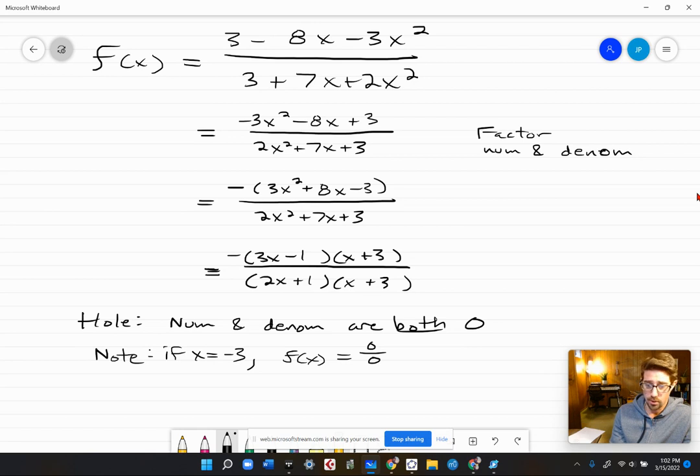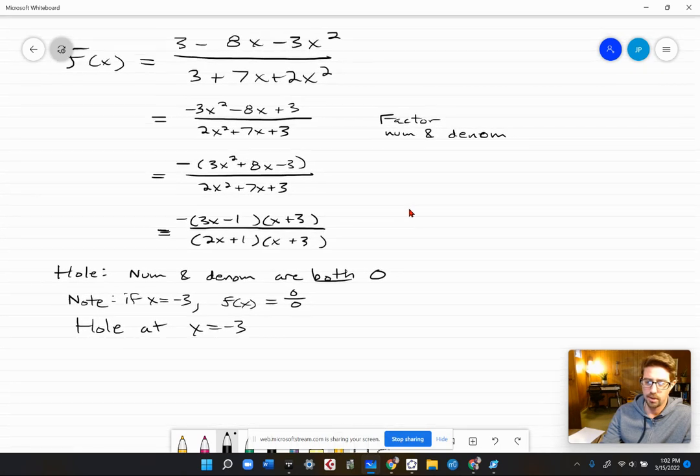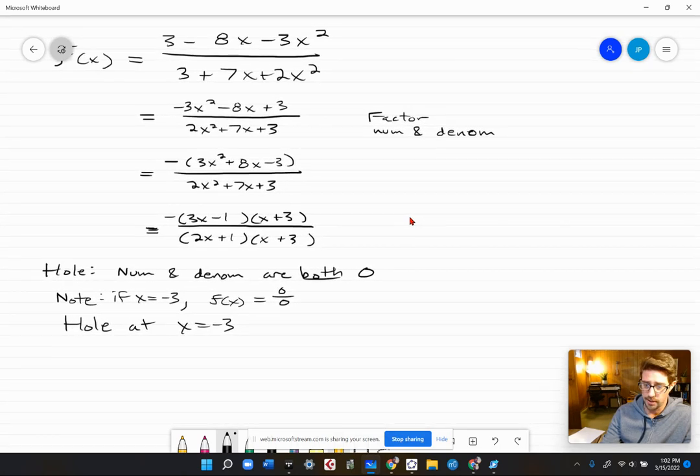Okay, so that's the hole. A vertical asymptote happens when the denominator is 0, but the numerator is not. So now we can go ahead and cancel it out. When we cancel it out, we get this new thing: negative 3x minus 1 over 2x plus 1.